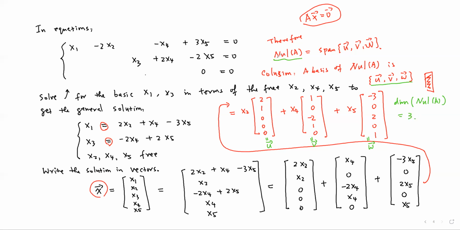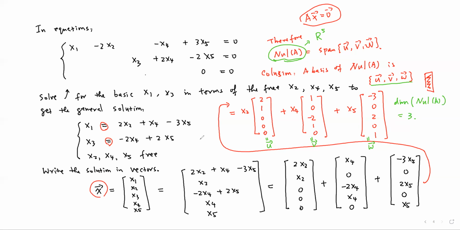This space is a subspace of R5, because each solution has 5 entries. So each solution is a vector in R5. This is a subspace of R5. The dimension is 3. It is a 3-dimensional subspace in R5.